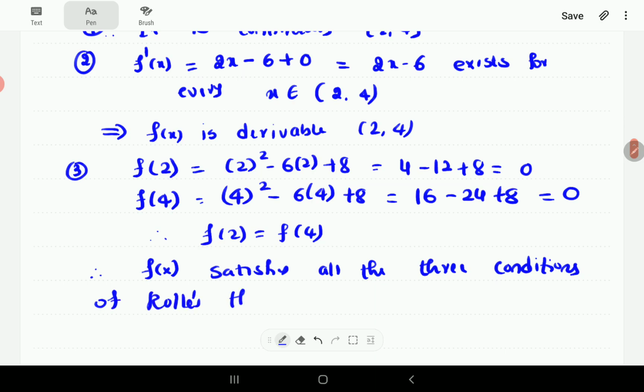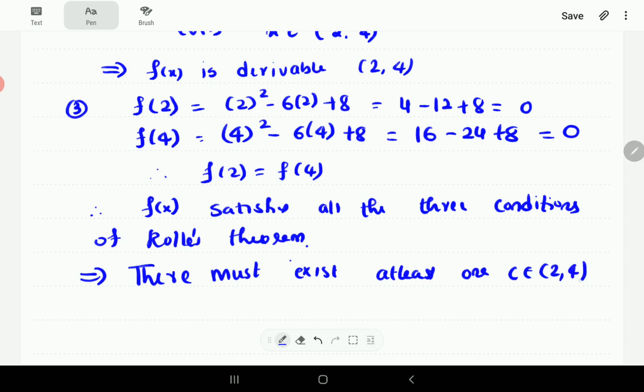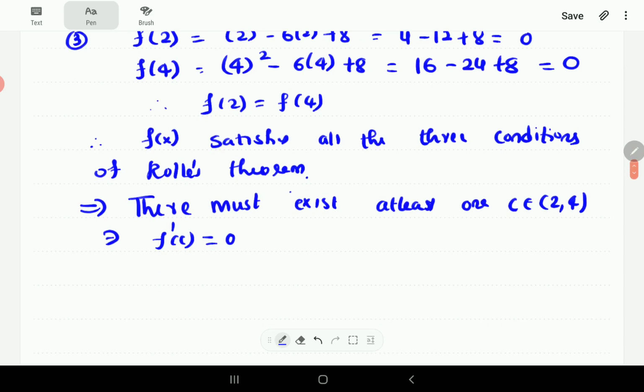If it satisfies the three conditions, it says then there must exist at least one c belongs to the open interval 2 comma 4 such that f dash of c should be equal to 0. Okay, but what is our f dash of x?